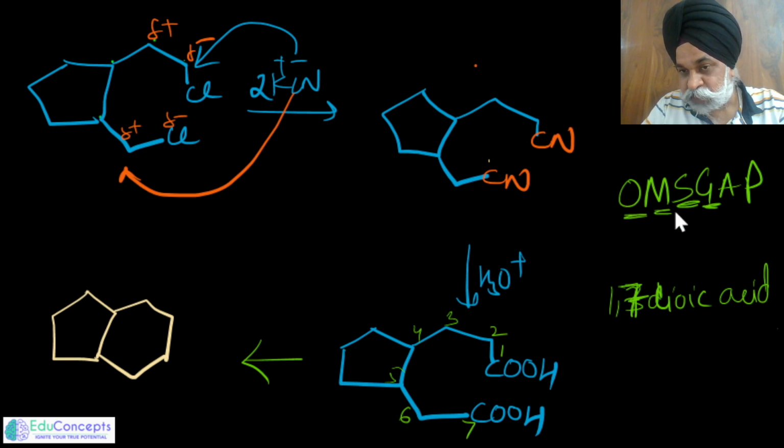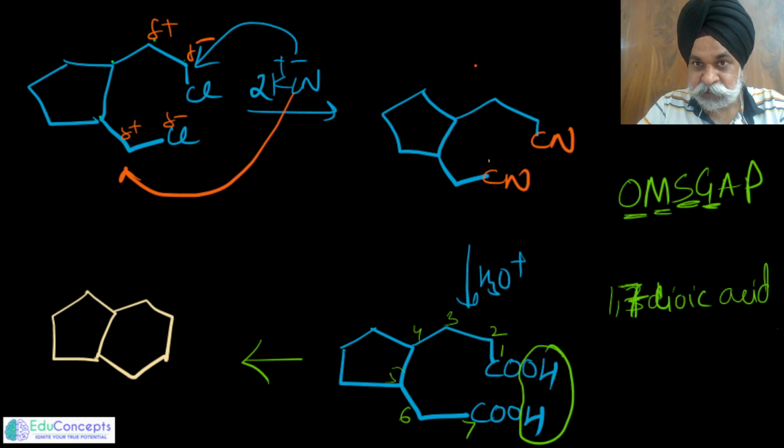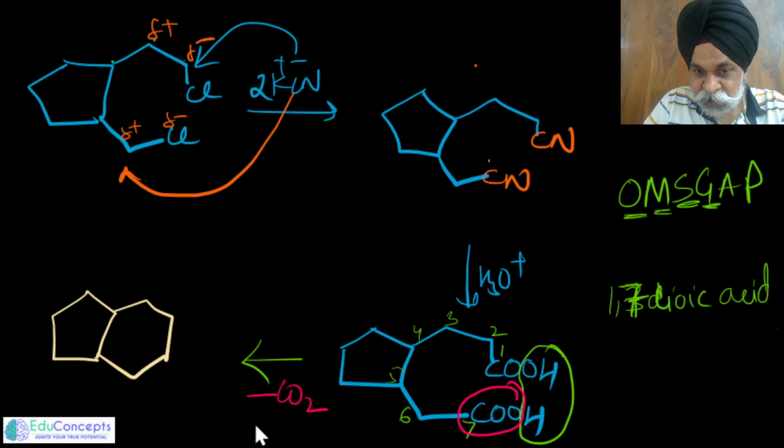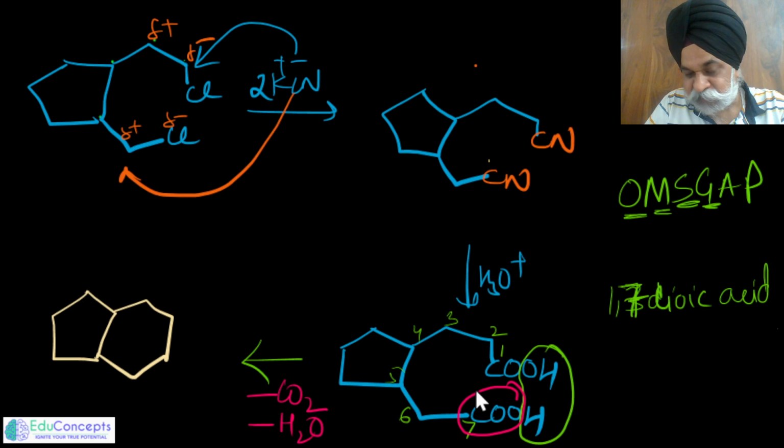All of these are 1,2, 1,3, 1,4 effects of heating. So if you heat 1,7-dioic acid, what would happen? One is dehydration going to take place. Another thing which would happen is decarboxylation. Two things would happen: carbon dioxide would go out, along with water. Now you have to be a little vigilant about how you are going to join it. So the 6th carbon is to be joined with the first one, or the first is to be joined with the 6th one, or vice versa.